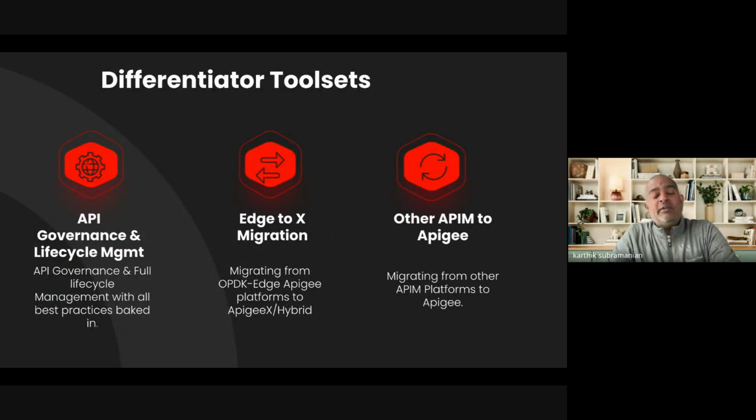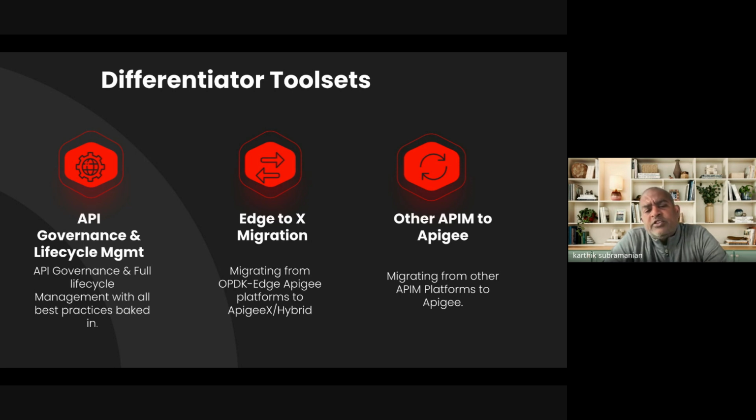What we bring to the table is our differentiator tool sets, which we developed 3.5 to 4 years back, and we've executed a variety of migrations for a variety of customers, some small, some very large. So the tool sets work. And I have my governance and lifecycle management tool running successfully at some very big customers.